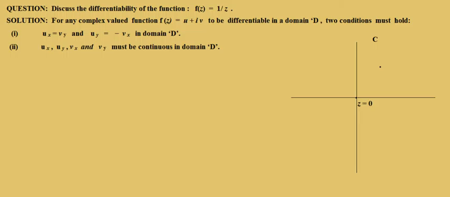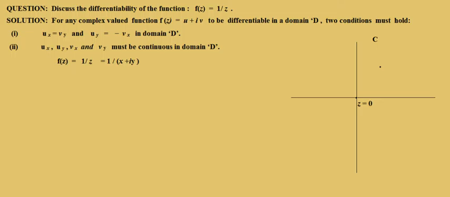For this we will need the real and imaginary part of the given function. So let us separate out the real and imaginary part of f(z). f(z) = 1/z, z is x + iy, so it will become 1 upon x + iy.